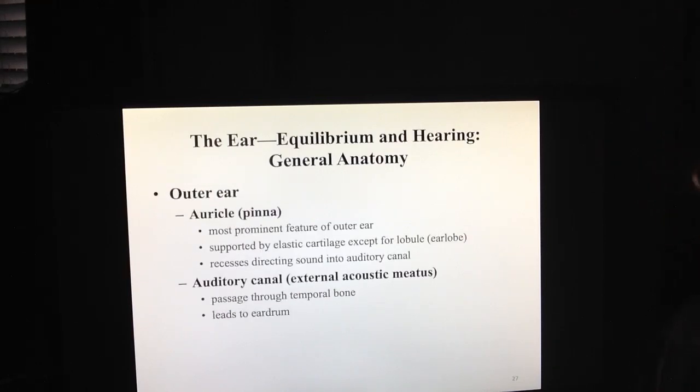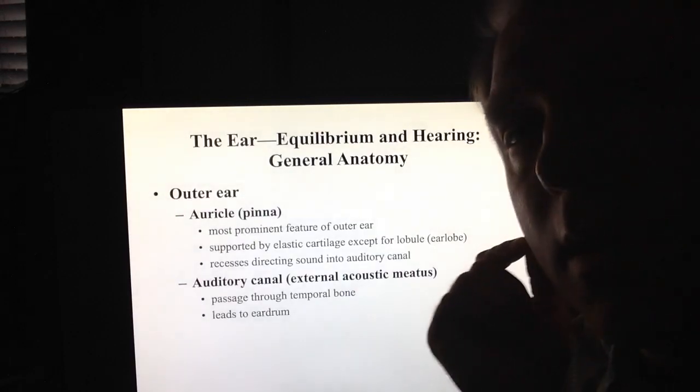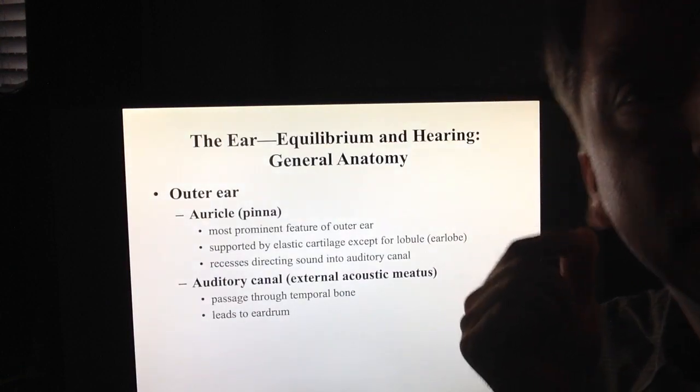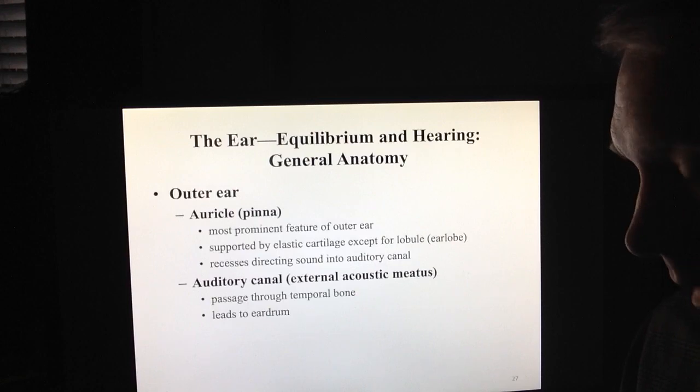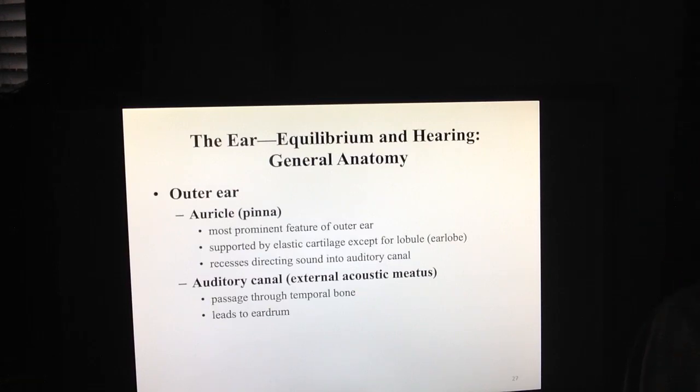So, ear structures from outside to inside, the auricle, and then the bottom part, this part here, that's the lobule. You'll need to know all the anatomy for the eye and the ear for the online lecture quiz, and possibly for the online lab quiz 9 and the lecture exam if you decide you're going to take that and give it a shot.